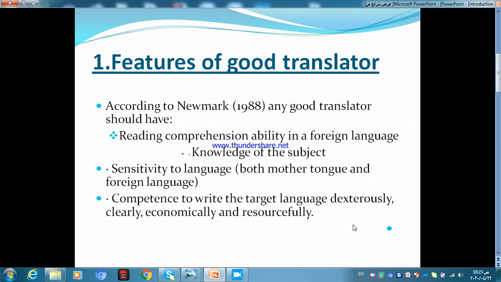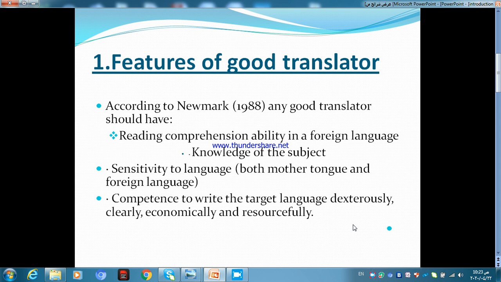Suppose you are going to translate an economic text or a legal text, you must know the lexis and the way people in that language deal with this subject matter. You must be proficient in both languages, your mother tongue and the foreign language that you are going to translate.